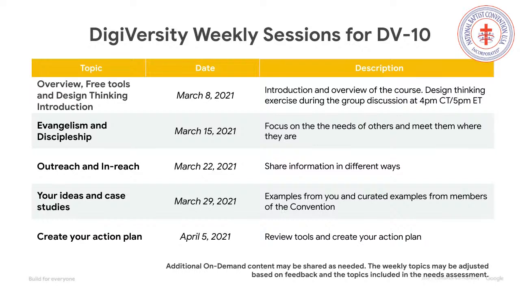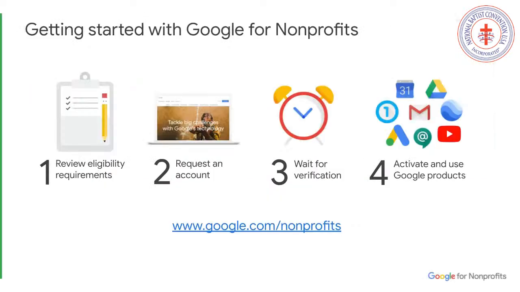And so now we're going to get into the action plan discussions. And so one thing I want to recommend as you think about your tasks this week, as we are in the April 5th week of the session, is to consider signing up for Google for Nonprofits if you have not done so already.